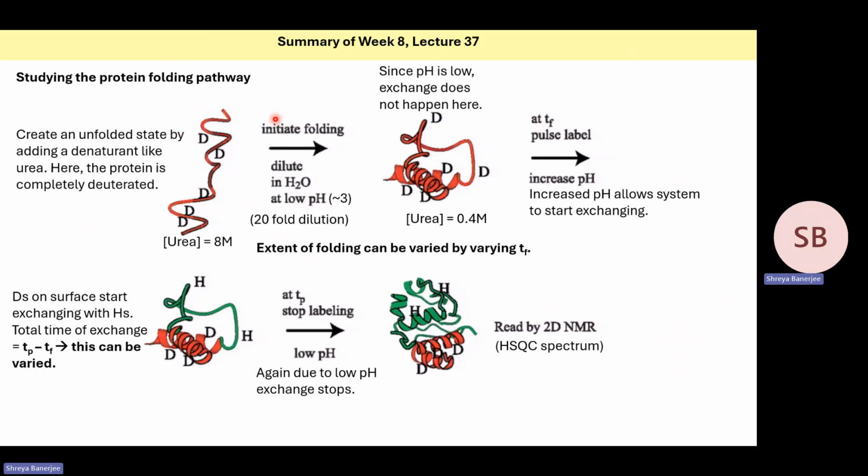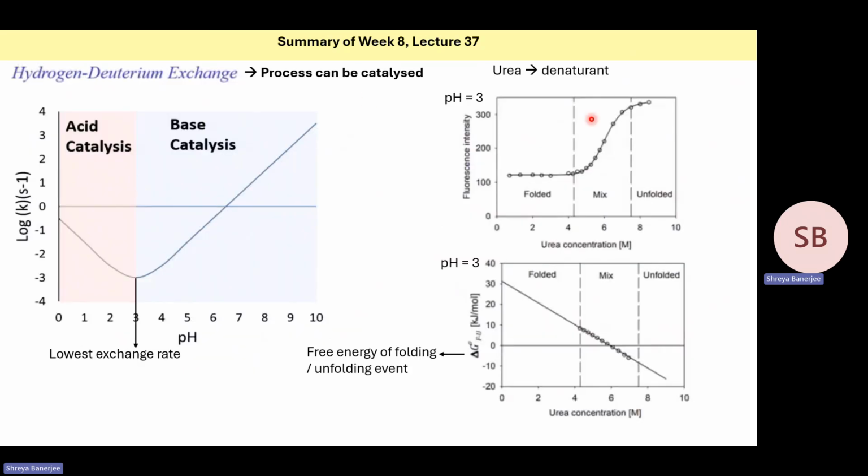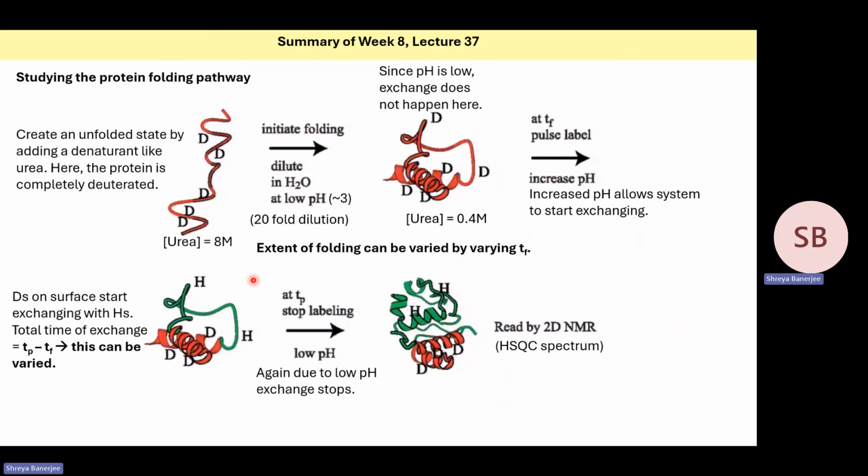So suppose you have a fully unfolded protein by adding a high concentration of denaturant like urea. So you have urea 8 molar. We have already seen when urea is greater than 7.8 or so, the protein is completely unfolded. So you're starting with 8 molar urea. So the protein is definitely completely unfolded.